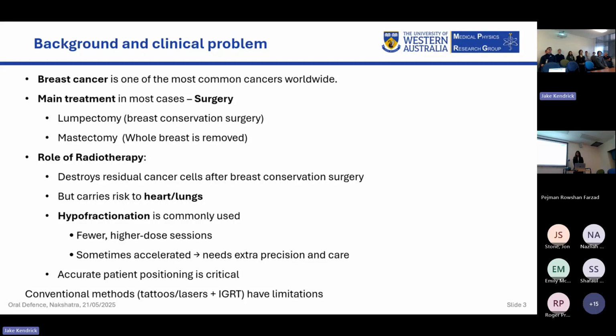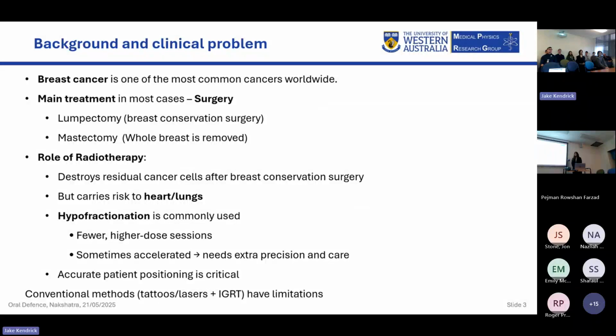Now, where does radiotherapy come into play? Radiotherapy in breast cancer is mainly used to destroy the residual cancer cells, and also it helps with preventing recurrence of the cancer.